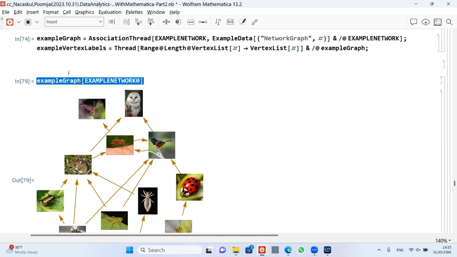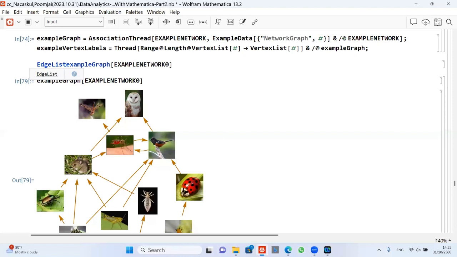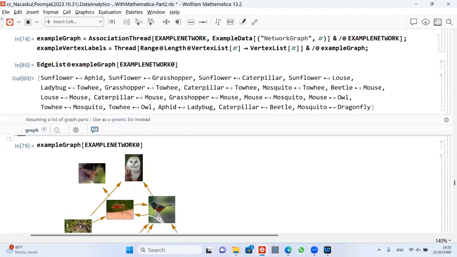Now, what I want to do is look at the list of edges. So what function do I use? I use the function edge list. So that should be 19.